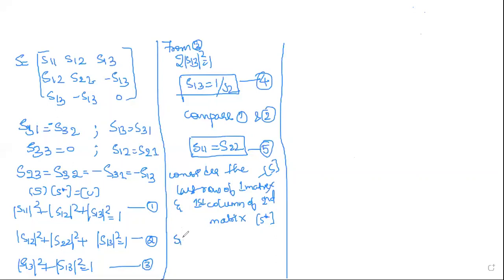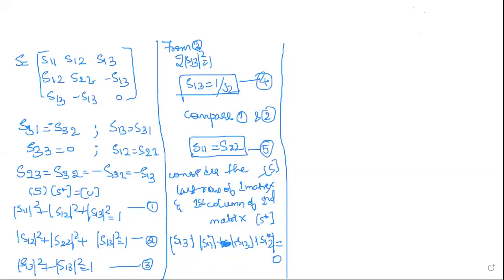S13, ma'am. S13. What is next? S11 star. Next, plus minus S13, minus S13 into S12 star. S12 star, which is equal to, and one more term will be 0, which is equal to 0.